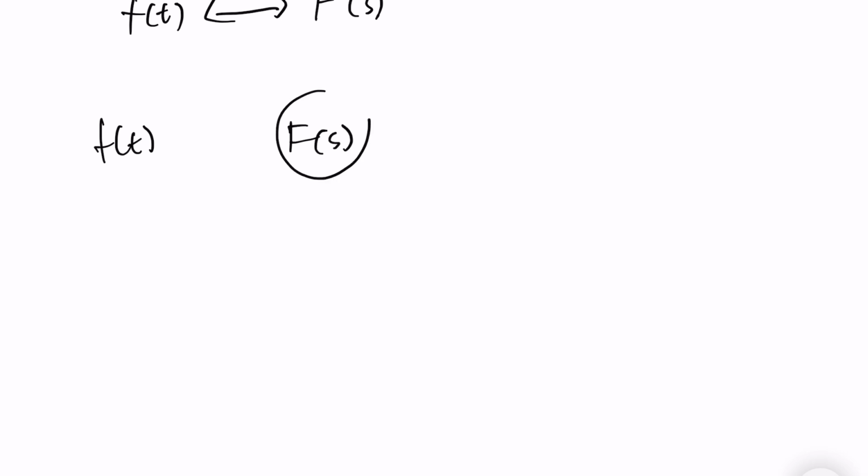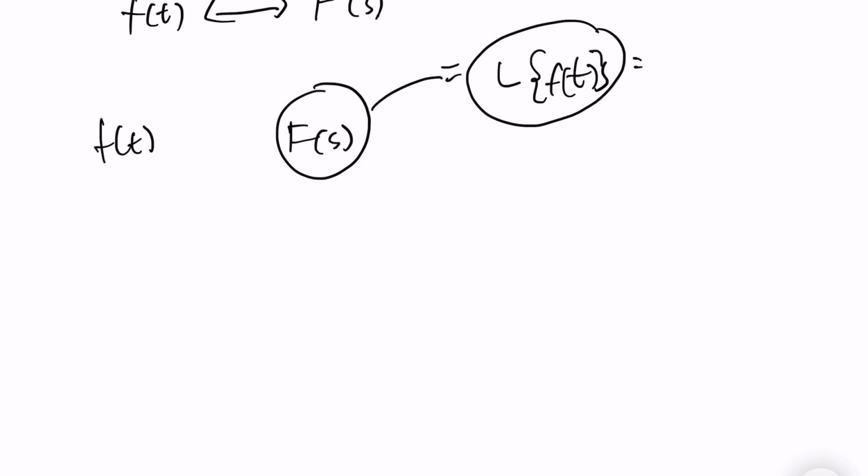You know what F(s) is? The capital F(s) is actually equal to the Laplace transform of the time domain function. It is equal to the integration from 0 to infinity of the function f(t) multiplied by e to the power of negative st, with respect to dt.